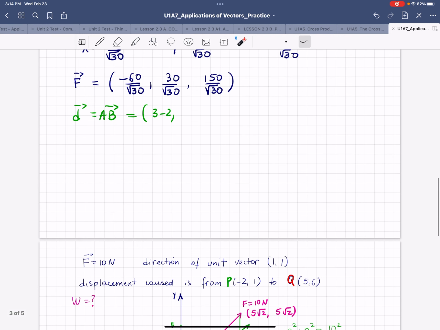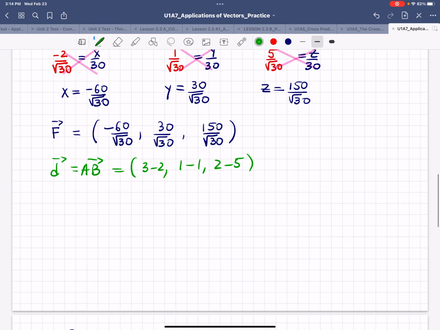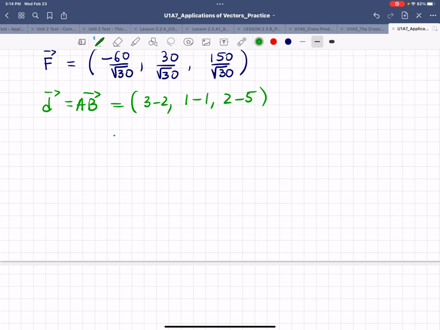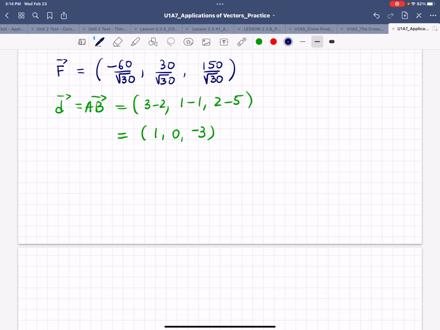So 1 minus 1 and 2 minus 5. Here we go, we have finally found the coordinates of the displacement as 1, 0, and negative 3. These are nicer numbers. And we're ready to multiply force with displacement.